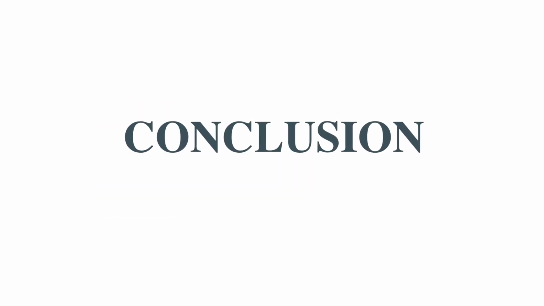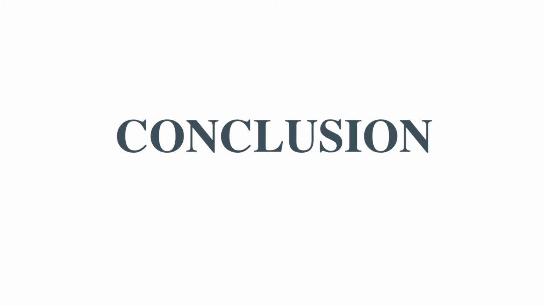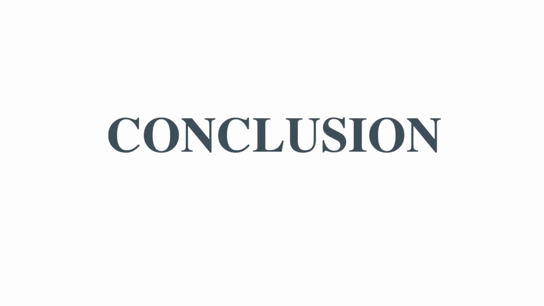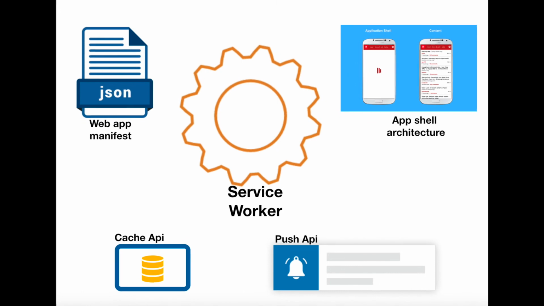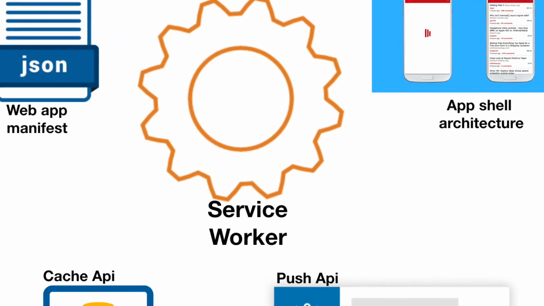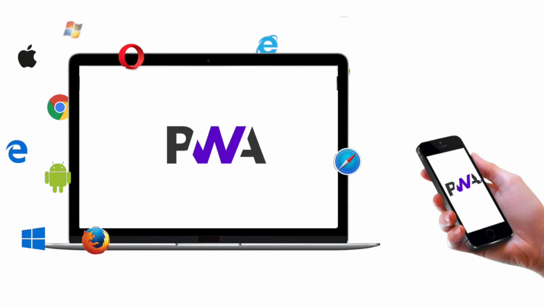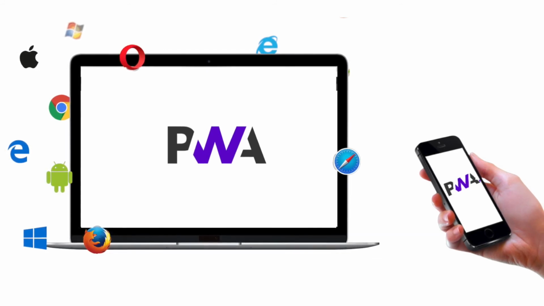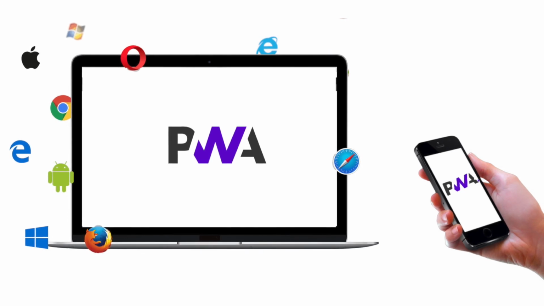Basically, using the set of open standard technologies such as the service workers, the app manifest, and the Cache and Push APIs, we can create applications that are platform independent and deliver app-like user experiences.